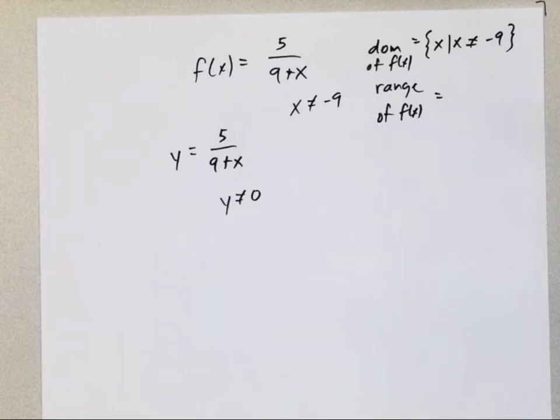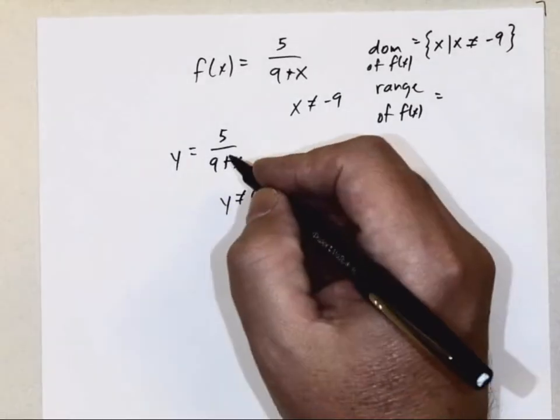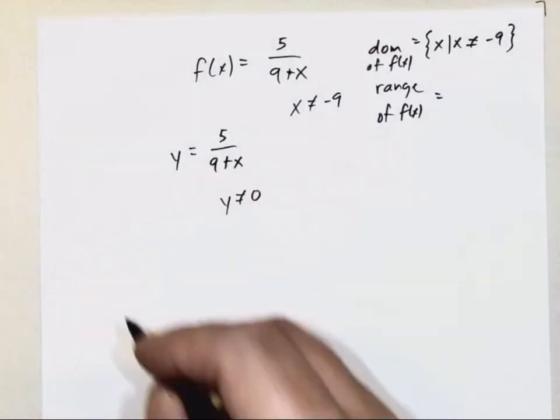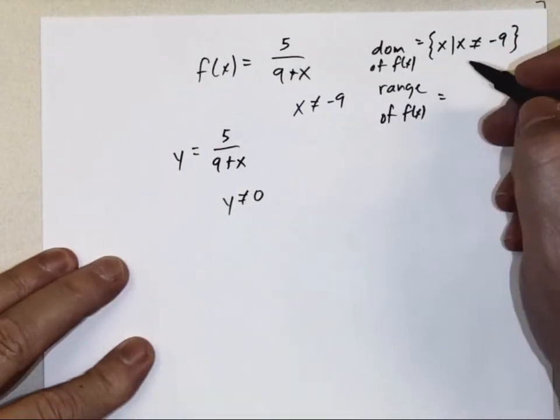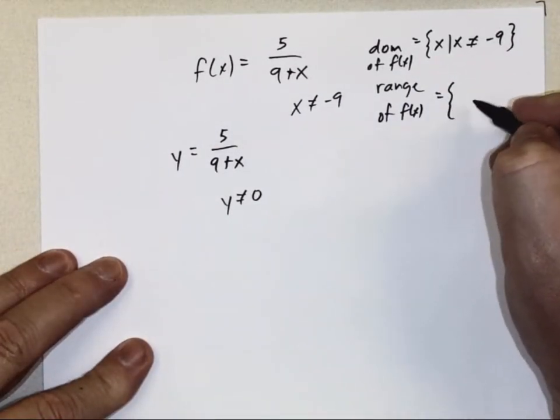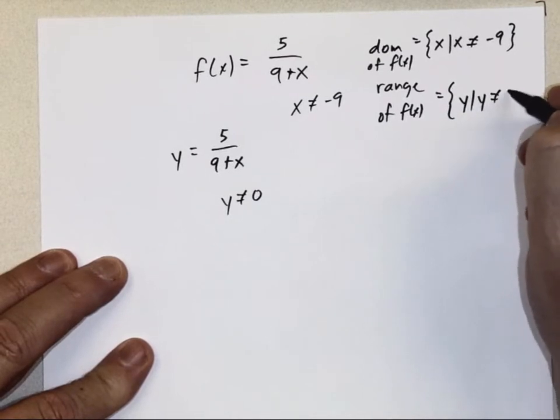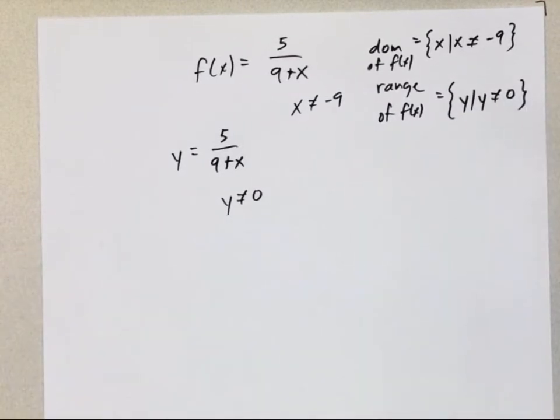It's always 5, so the numerator is never going to be 0. Therefore, this whole expression will never be 0. Other than that, any other number you can think of, y can be equal to. So for the range, we just say all real numbers except y equals 0.